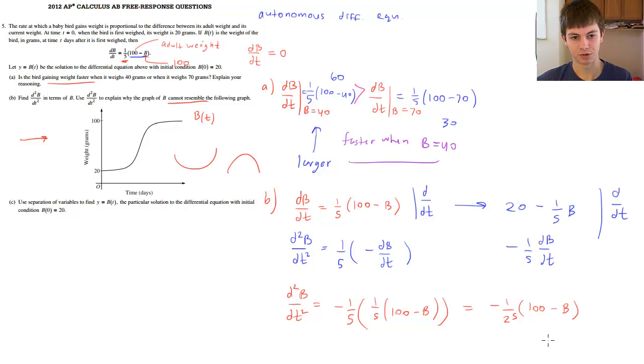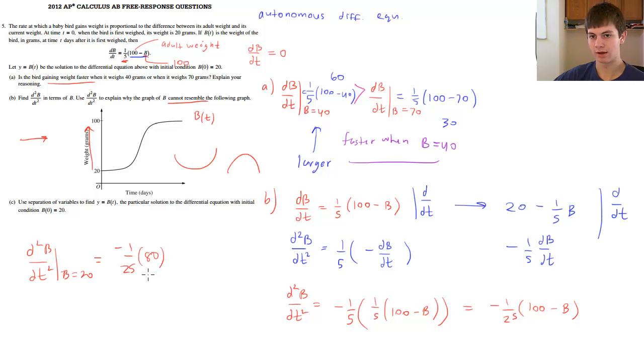Remember this is in terms of b, so the intervals we're looking at are going to be along this axis, which is kind of odd, but that's how it works. So if we plug in something like 20 here, d squared b over dt squared at b equals 20 is equal to negative 1/25 times 80, which is negative, which is concave down.